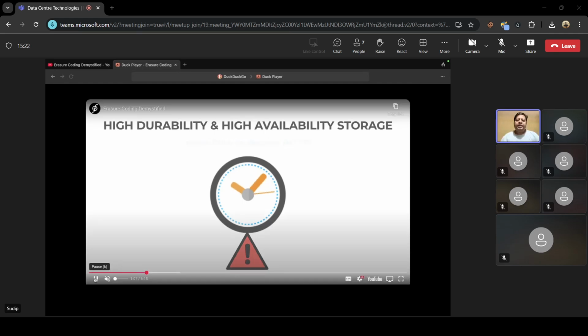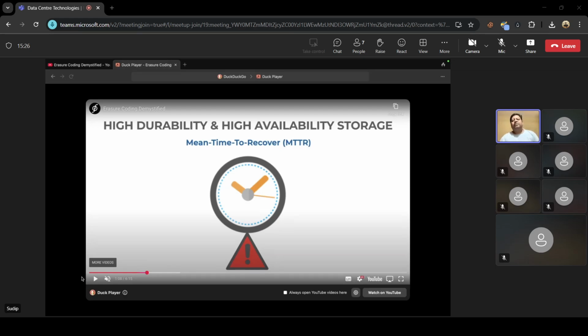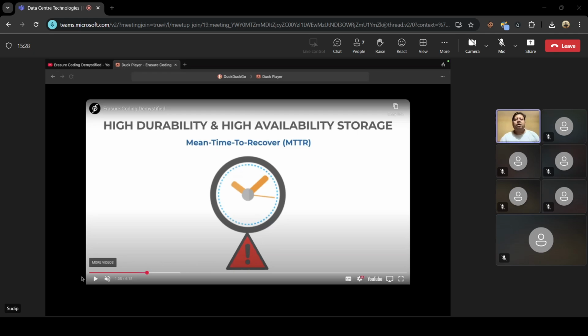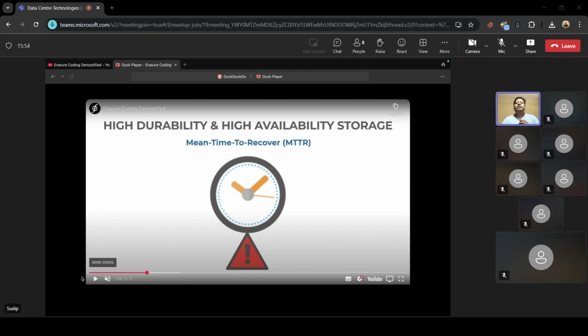And recovery time. This is also very important. Yesterday we saw that there is also a time taken to rebuild the data. Just because RAID is there, or just because now we'll understand erasure coding is there, doesn't mean that when we replace a failed disk with a new one in a storage system or server, the lost data is going to be available to you just like that.